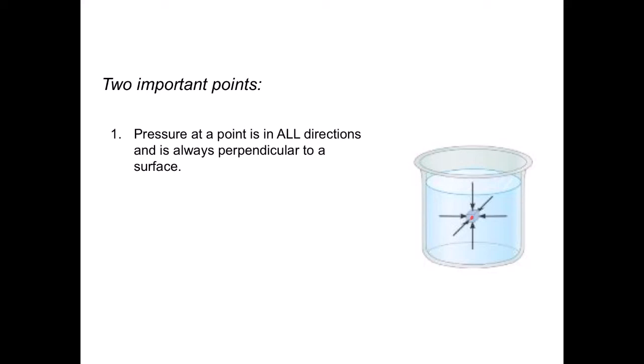Now, this idea of always being perpendicular to a surface is important as well. If you think about the surface of your container right there, at that specific point, there should be pressure coming in from all directions. Except there's no fluid over on the left-hand side. There's only fluid on the right-hand side. So if you look at the components, the horizontal components are still going to be there, but the vertical components, at the bottom you've got a vertical component up, at the top you've got a vertical component down.